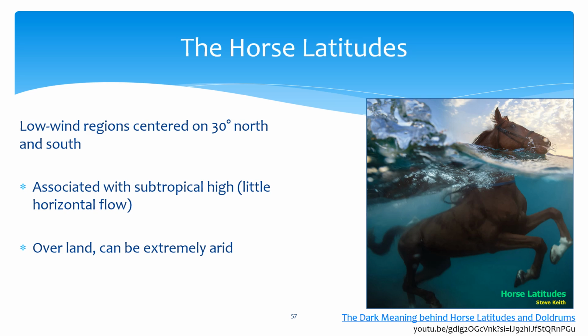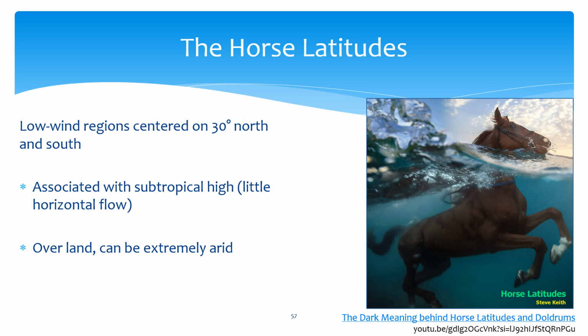Our second low wind region is the horse latitudes. The horse latitudes are centered on 30 degrees north and south latitude, directly under our subtropical high. Because it is high pressure and air is heading straight down, directly under that high pressure, there is very little wind flow. Now, once the wind starts to move away from it, we're going to get some wind.